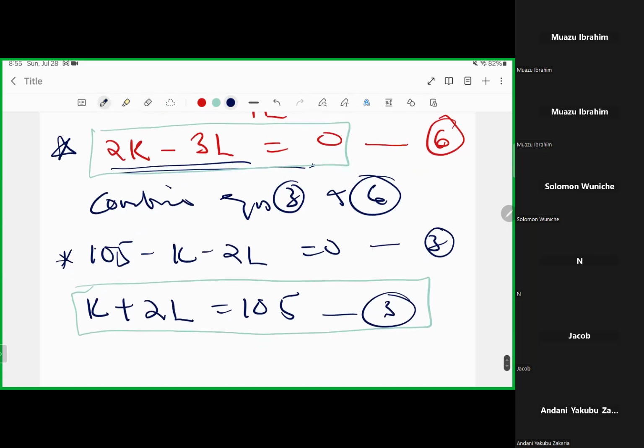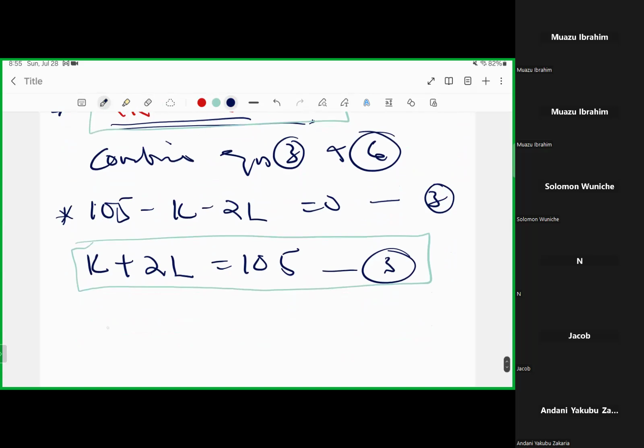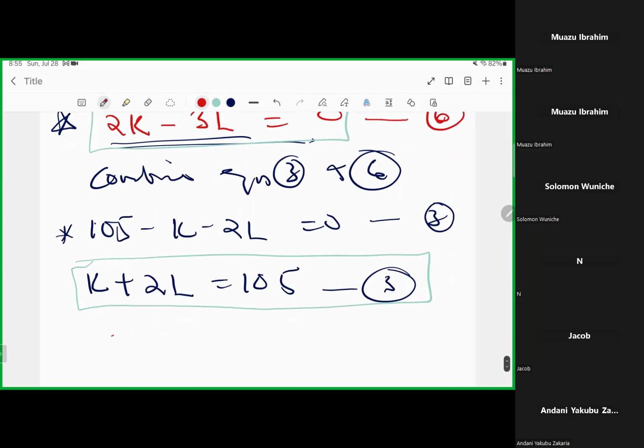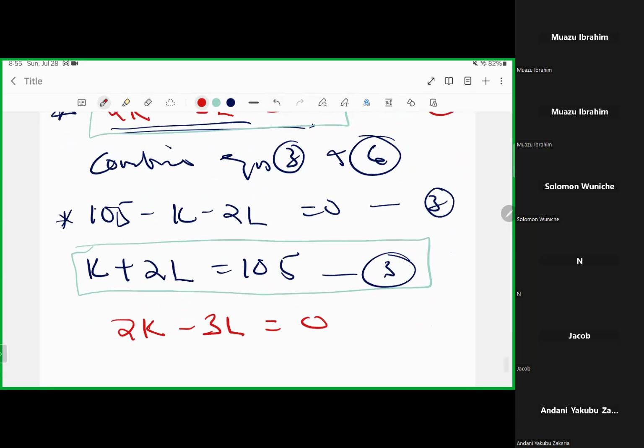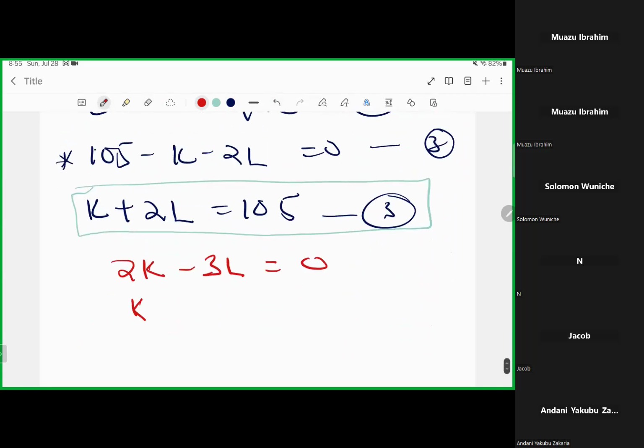So let's use it to solve simultaneously. Let me just rewrite it so that we can see clearly. We have 2K minus 3L is equal to 0, and the last one will be K plus 2L is equal to 105.